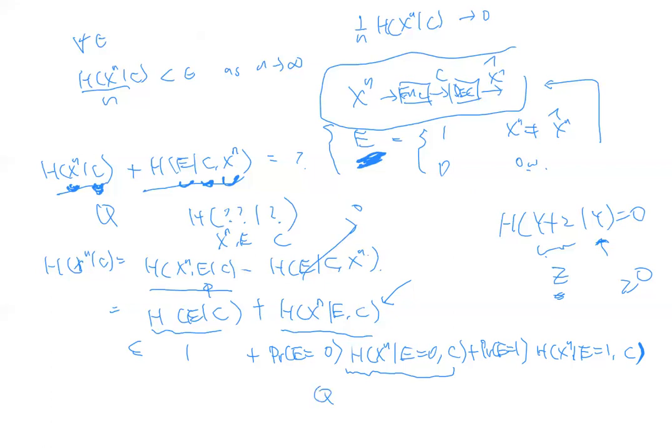Do you know what's the value of this term here? This one, H(X^n given E equal to 0, C).